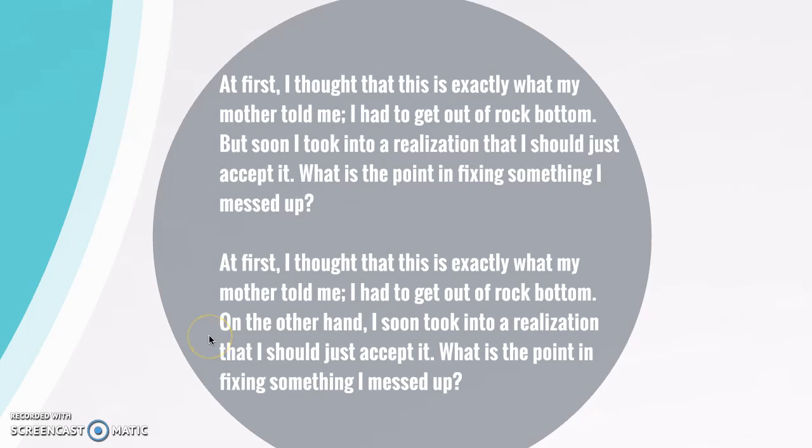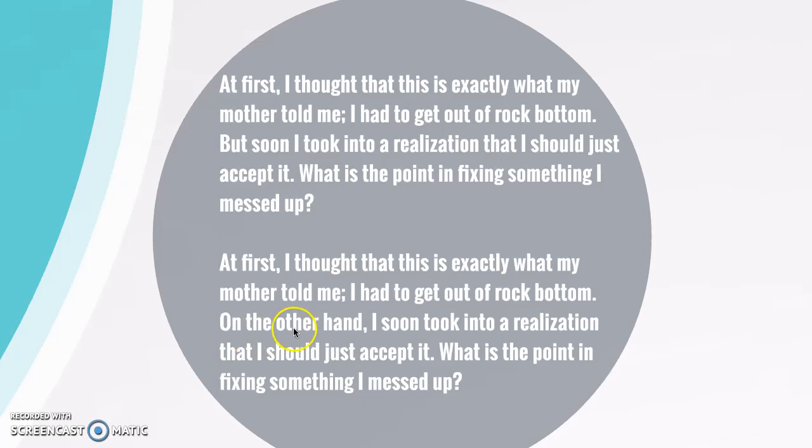So one reason it's good to use these transitions that are a little more advanced than the basic and or but is because as readers, we get so used to reading and and but, we gloss over them, and the meaning of what the writer is trying to convey gets a little bit lost.